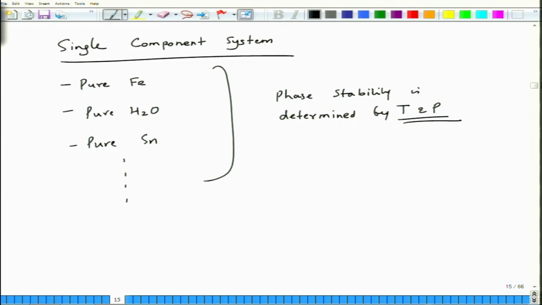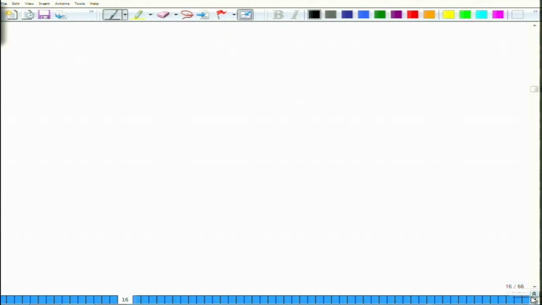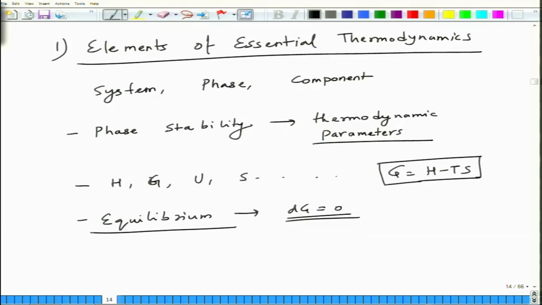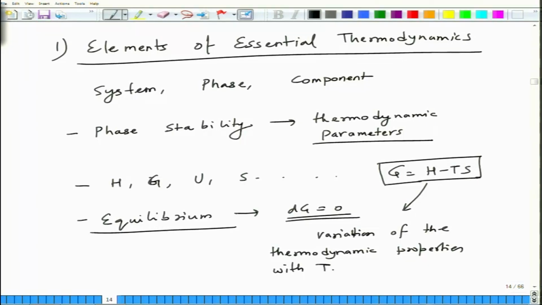So when we did that, also earlier we looked at the variation of these thermodynamic properties with, say, temperature. Okay.